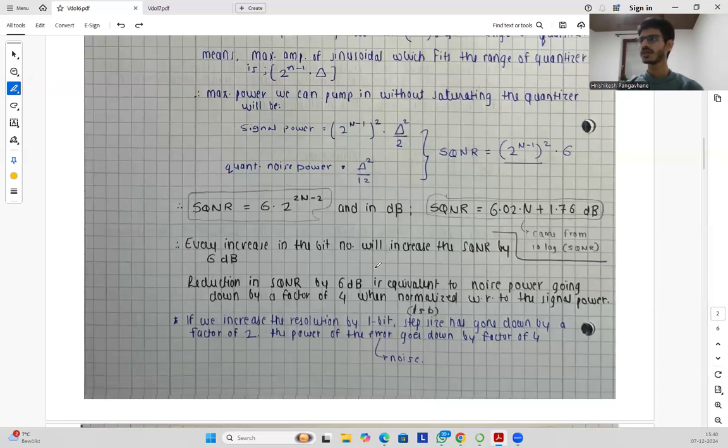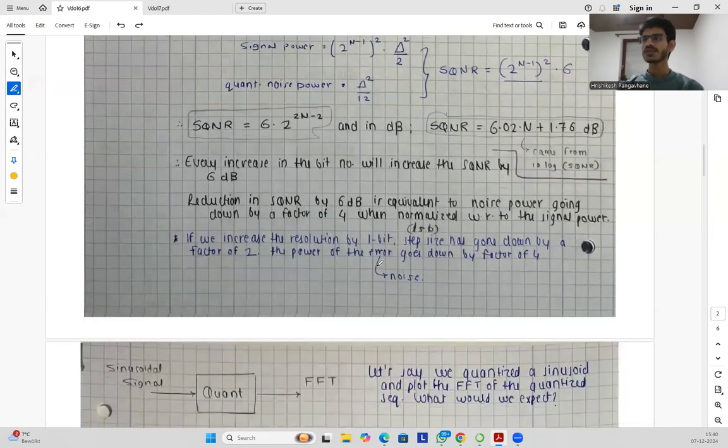This is when we normalize with respect to the signal power. So again, you should relate to this: if we increase the resolution by 1 bit, the step size goes down by a factor of 2, and the power of the error, which is the quantization noise, goes down by a factor of 4.